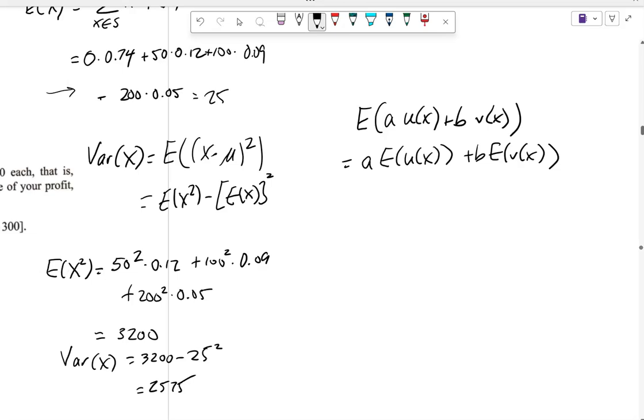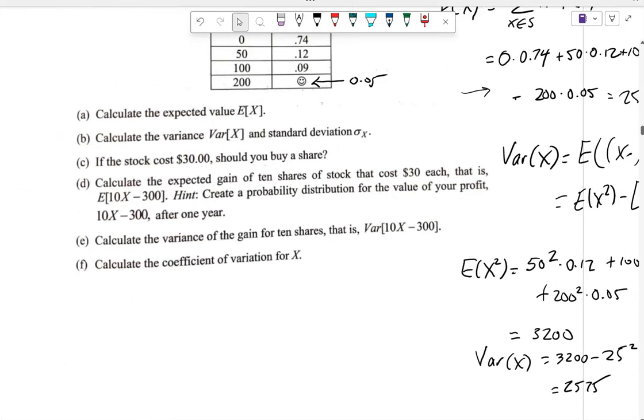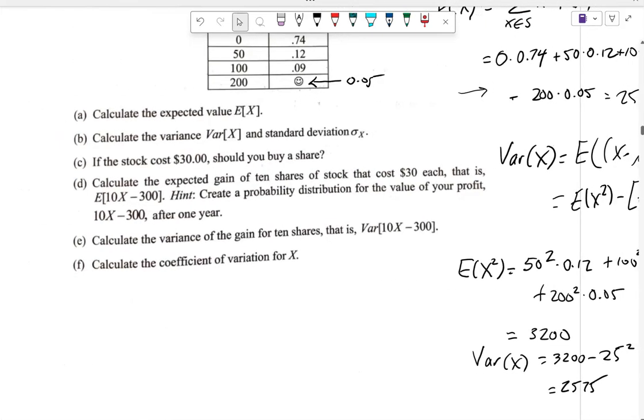So, going back to part D, the hint they gave you is unnecessary because we know these properties for expected value. My guess is that in whatever book I got this out of, they hadn't talked about the properties of expected value yet. I just wanted you to play with the numbers.